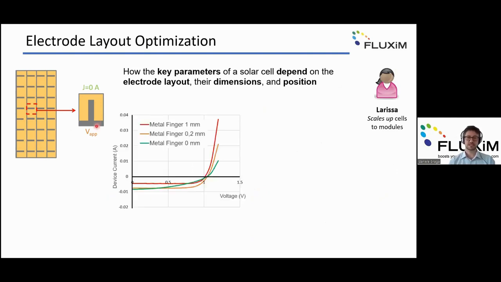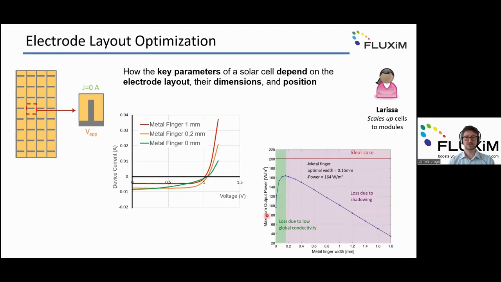She studies how the lateral dimension, the conductivity, the reflectivity or the transmission at the electrode is influencing the characteristics, the efficiency of the solar cell. And she could find a maximum of power conversion efficiency versus the width of the metal finger at a certain transparency of the electrode and a certain conductivity.